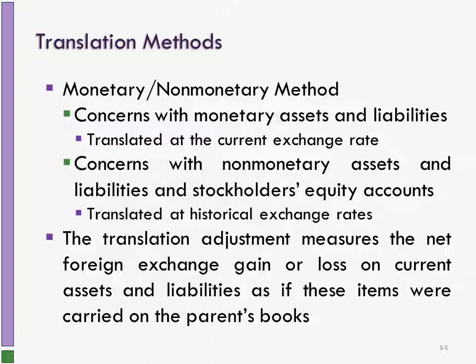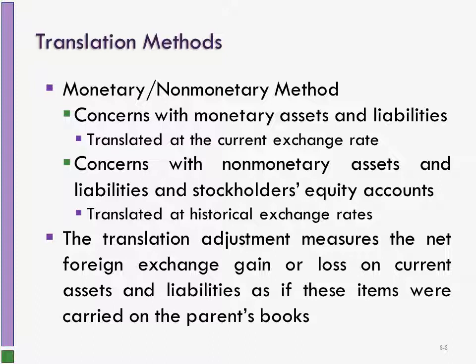There is a net asset exposure when cash plus receivables exceeds payables, and a net liability exposure when payables exceed cash plus receivables. So balance sheet exposure here concerns only cash, receivables, and payables.